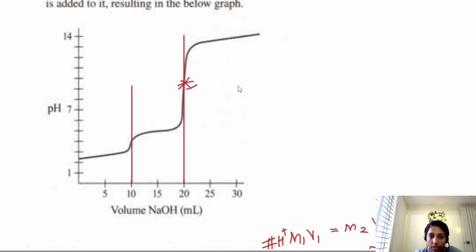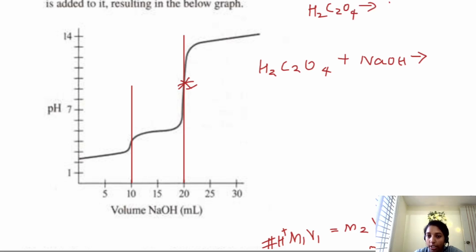So which is the salt? What is our equation? H2C2O4 plus NaOH is the reaction, isn't it? So by doing so, what are the products? For a diprotic acid, it's not considered a single reaction. It's a two-step reaction. So first H2C2O4 will release one H plus.